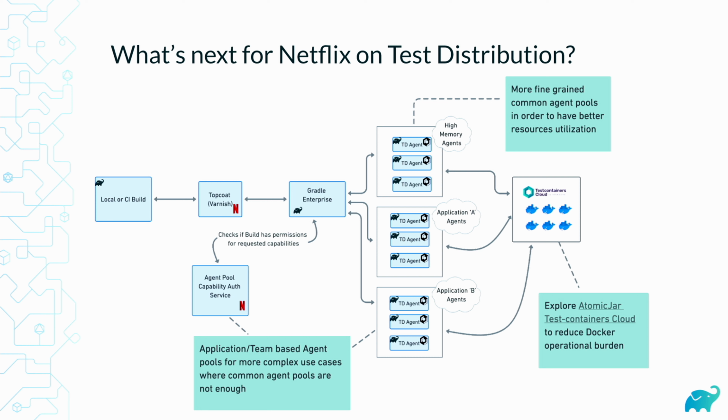So Testcontainers Cloud helps in the sense that I can just run one type of agent that has a Testcontainers agent that talks to their cloud and schedules the container somewhere close to my region, so I don't need to manage the life cycle of a container, which is a big win for our team. In addition, we need to get into more fine-grained pools in terms of compute resources.